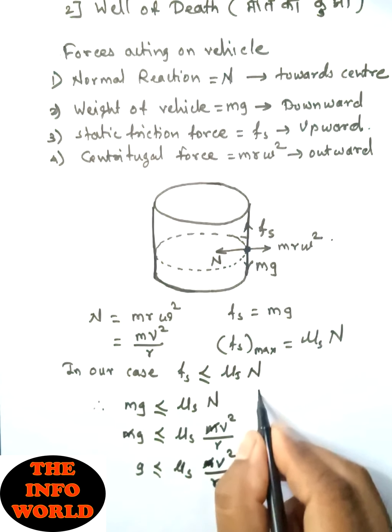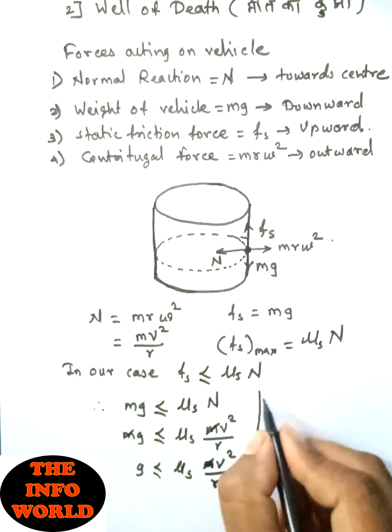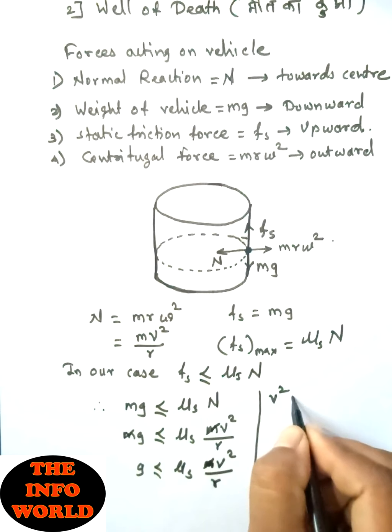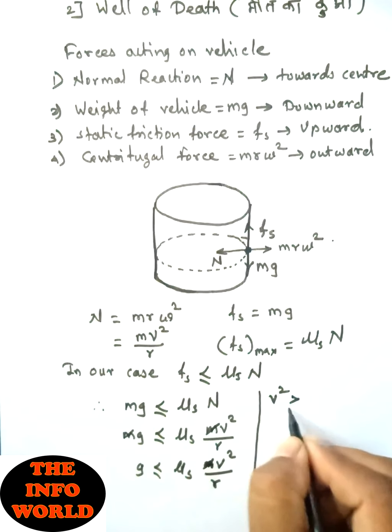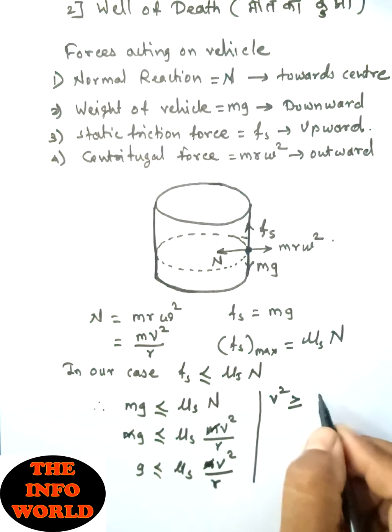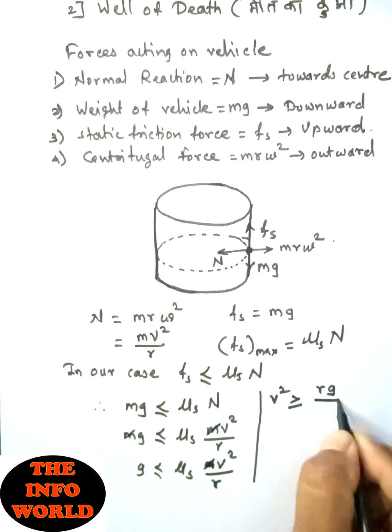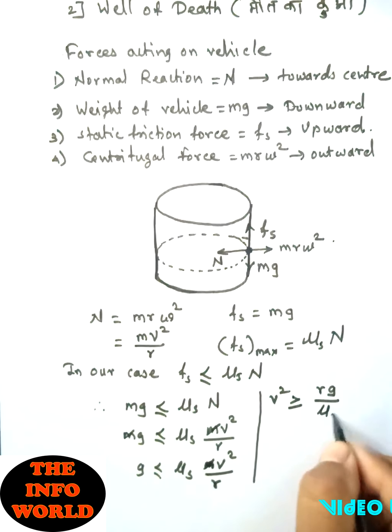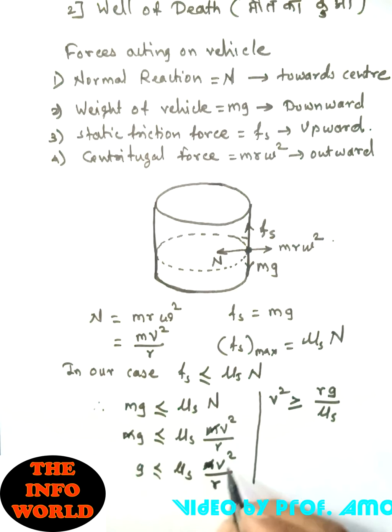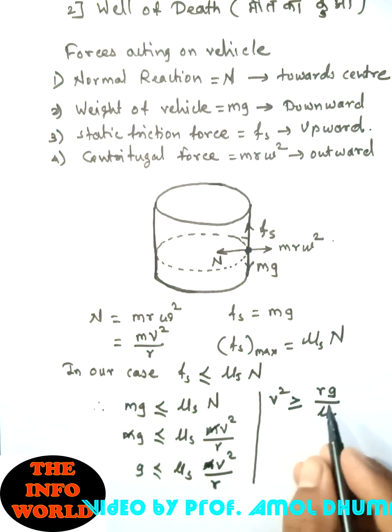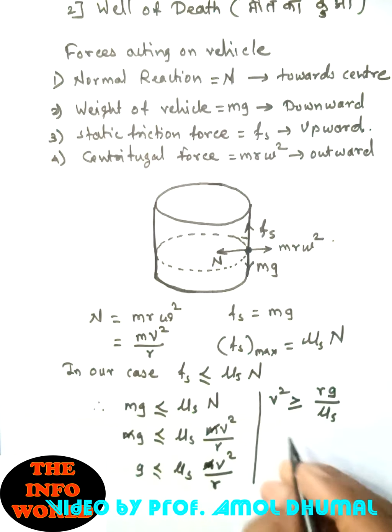So for v we can write v square is greater than or equal to rg by mu s.